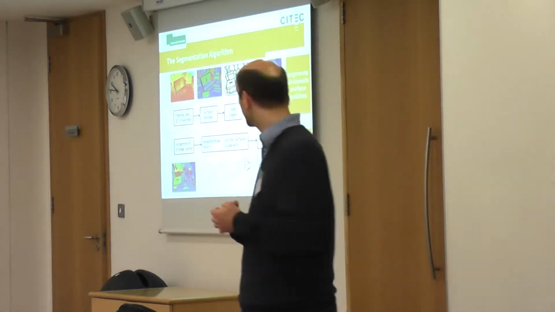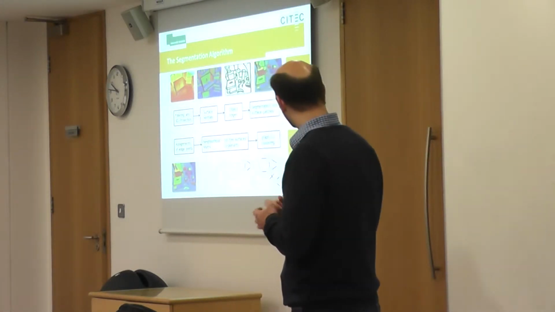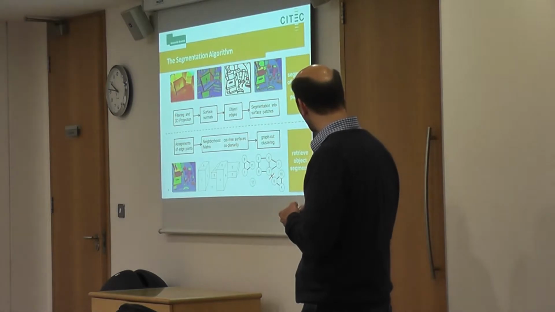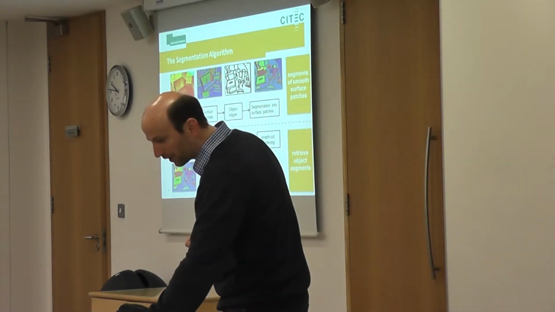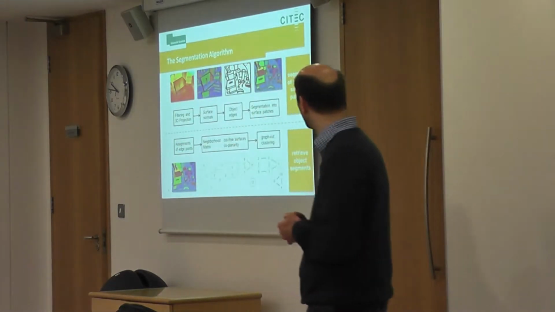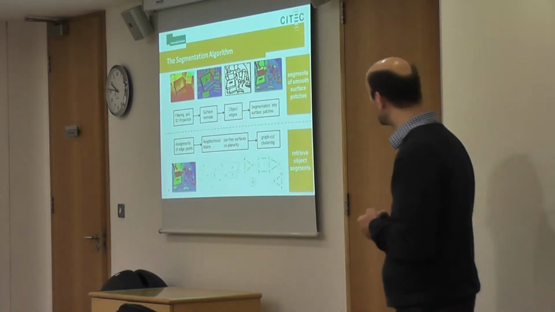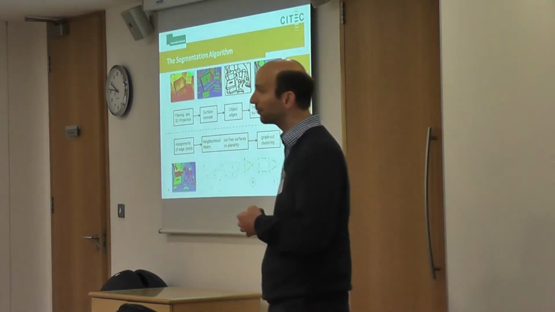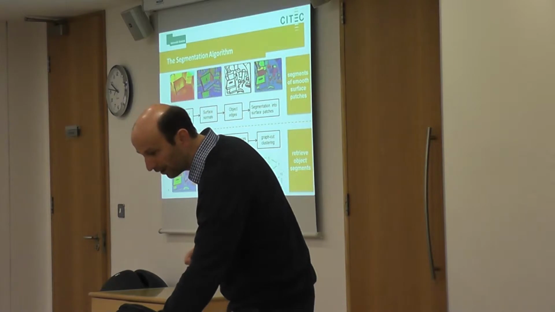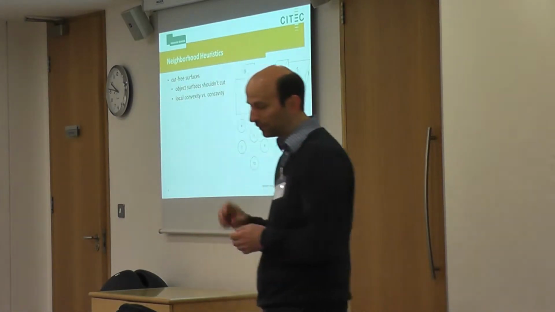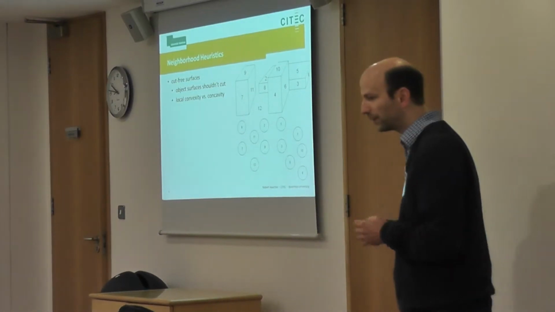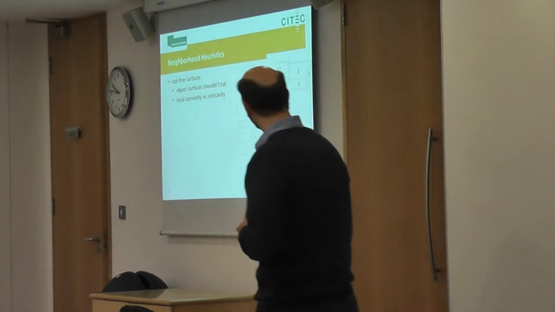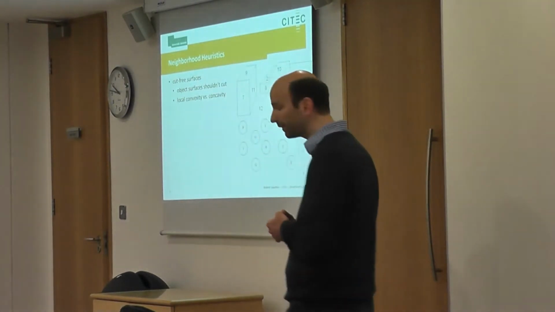Then we apply a simple graph cut, cutting between 3 and 6, to come up with the correct groupings to form objects. So let's have a closer look into this second phase, how we compute this connectivity graph.